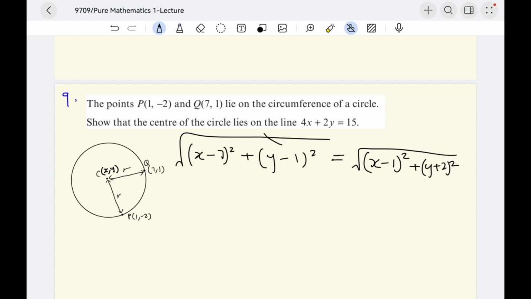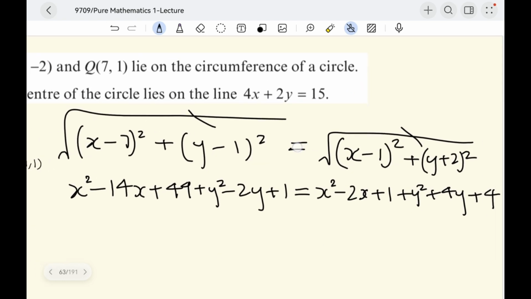So cancel the square root at both sides by taking the square of both sides. I have x squared minus 14x plus 49, and here I have y squared minus 2y plus 1, equals x squared minus 2x plus 1, plus y squared plus 4y plus 4.